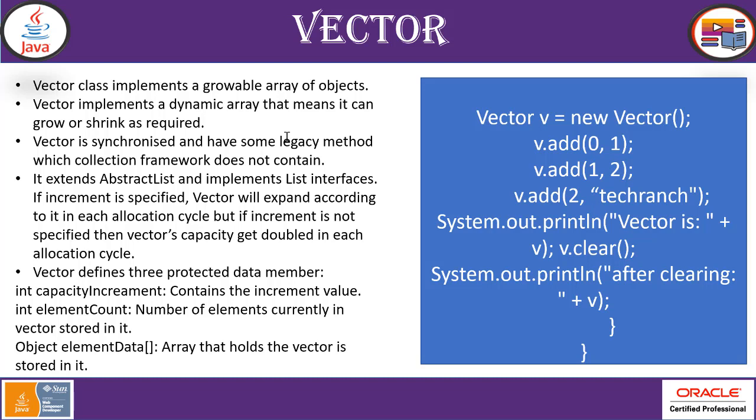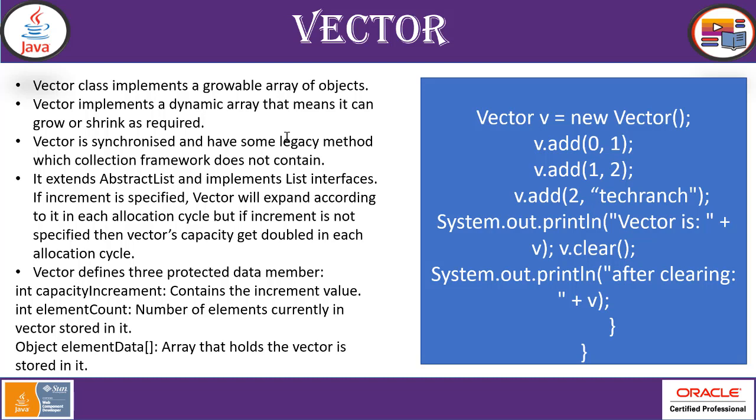Now vector is nothing but there are two ways to define our list of objects: one is the type and one is the indexing. So vector will help you to index the object and access that object in two ways, by indexing, reading the index, or just getting the value.